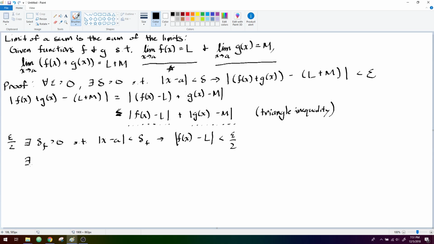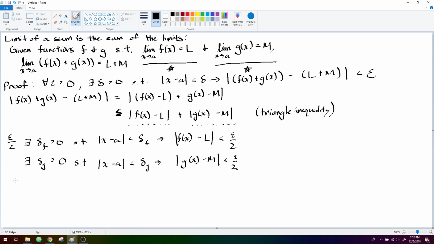Similarly, there has to also exist some delta g for the same reason, because this limit up here exists. So we can squeeze x minus a to being smaller than delta g, and what that will guarantee us is that g of x minus M is smaller than epsilon over 2.